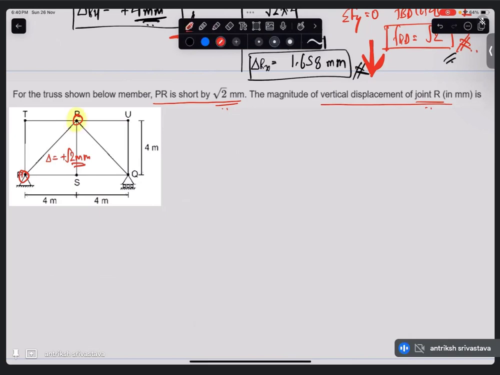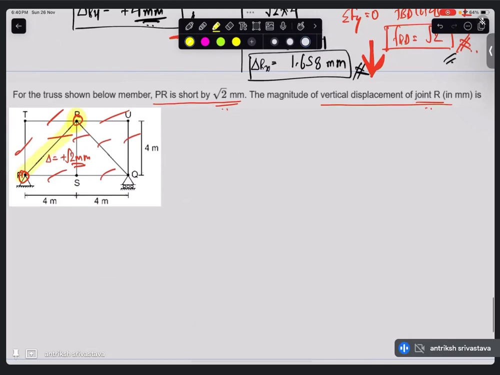Similar question as the above question. But what they have told us, indirectly, is that all the other members are fine. Only this member was short. And because of that, what is the vertical displacement of joint R?